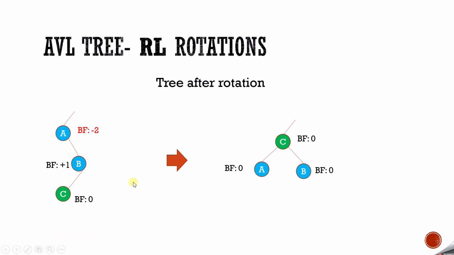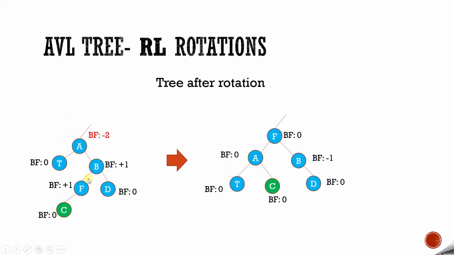After rotations, it is going to become like the LR rotations. The grandchild becomes the root node, A becomes the left of the grandchild, and the right node becomes the right subtree of the new root.